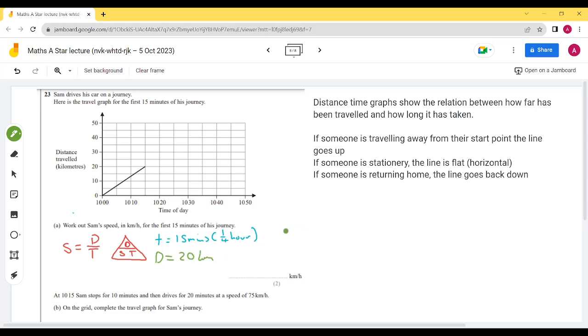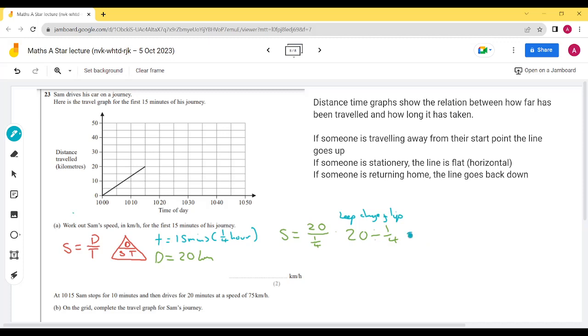And so you could say speed equals 20 divided by 1/4, and remember with fractions we can use keep, change, flip.